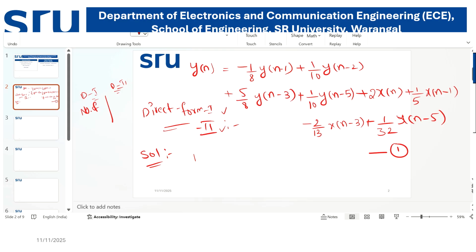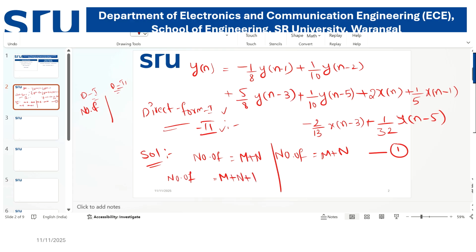Now the number of additions required in direct form 1 and in direct form 2: the formula is m plus n, and here also m plus n. The number of memory locations in direct form 1 is m plus n plus 1. What do m and n mean?